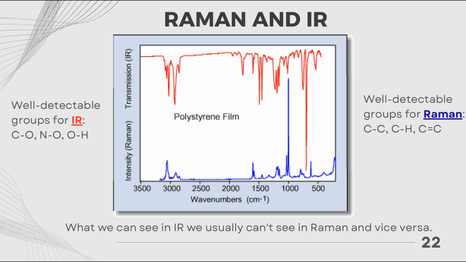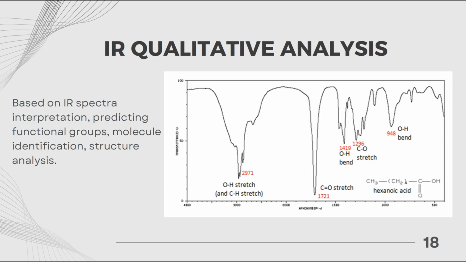the nature of this vibration is such that infrared and Raman actually show us different functional groups. I told you, and you have seen before, that infrared is really good for OH and CO groups. So you see a really nice absorbance peak.